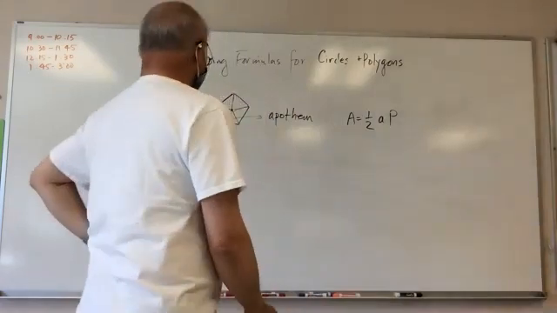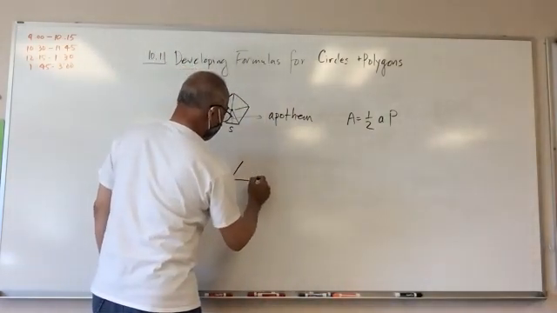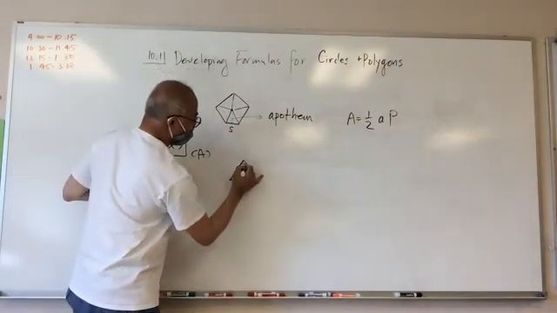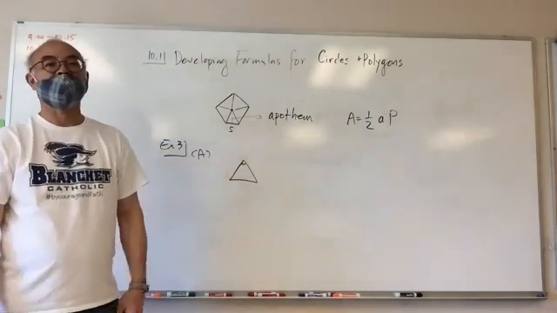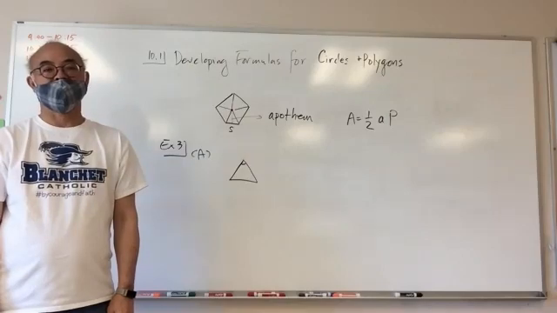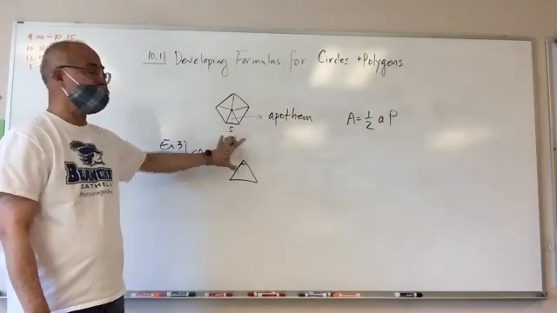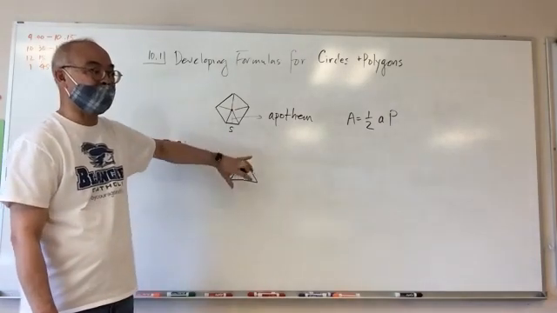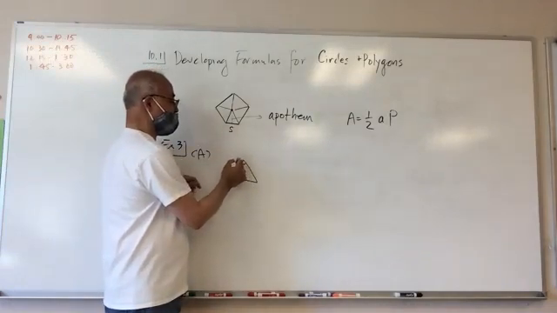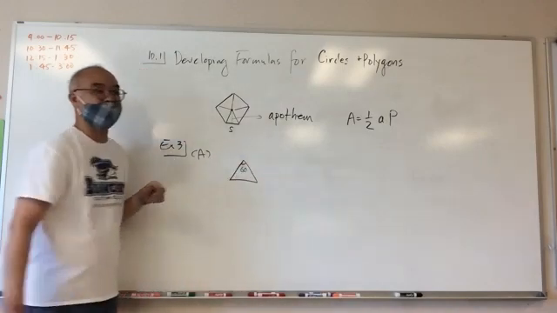It's 6-sided, which means that this angle would be what? Anybody tell me? How many triangles am I going to have in a hexagon? You're going to have 6 of them, right? Because I have 6 sides of the hexagon, right? So since I'm going to have 6 equal angles here, can you see that this is 60 degrees because it's 360 divided by 6?